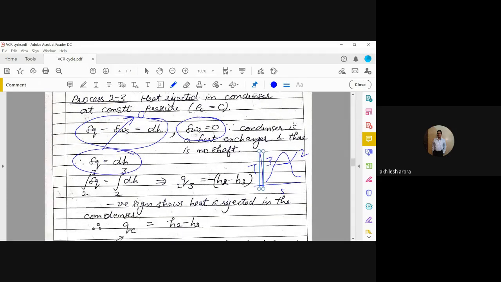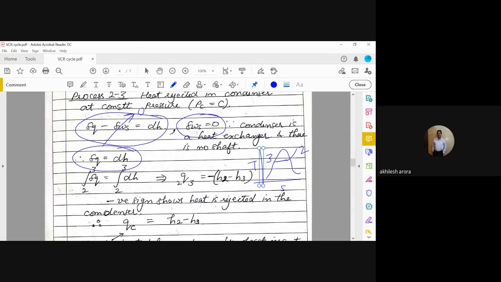I can integrate it from 2 to 3, and I get Q2 to 3 is equal to minus (H2 minus H3). Actually it would have been H3 minus H2, but I have taken the minus sign outside. This minus sign shows that heat is rejected in the condenser.